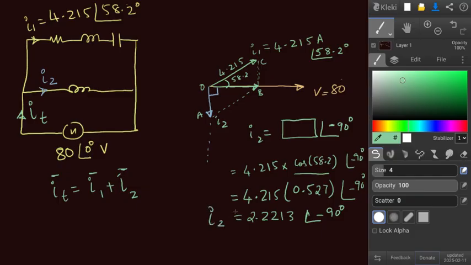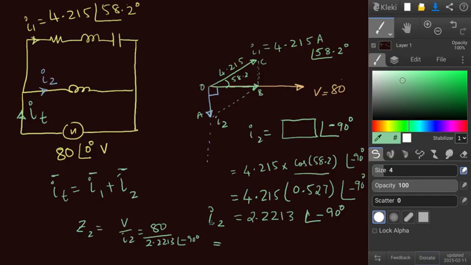If I2 is the current in the newly added second branch, what is the impedance Z2? Z2 will be V by I2, so that is 80 divided by 2.2213 at an angle of minus 90 degrees.